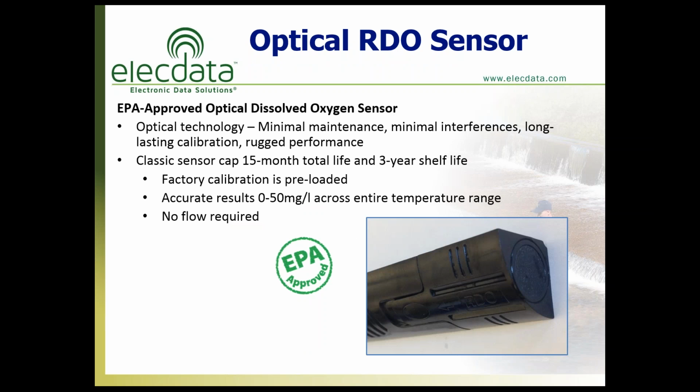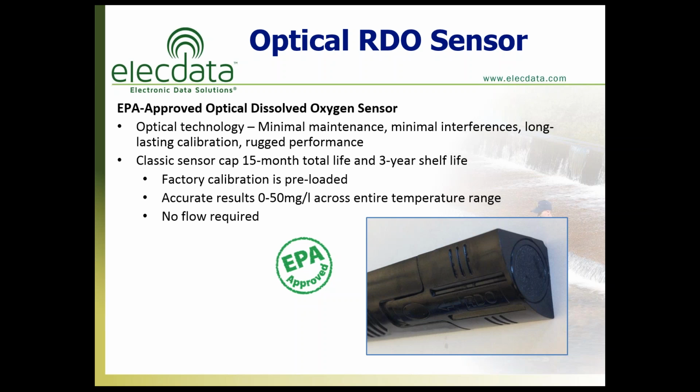We want to go through each one of the sensors individually and talk about the specs, use, and measurement of that sensor. In-Situ a few years ago went to great lengths to get EPA approval specifically on the measurement processes and calibration that they're using for their dissolved oxygen sensor.